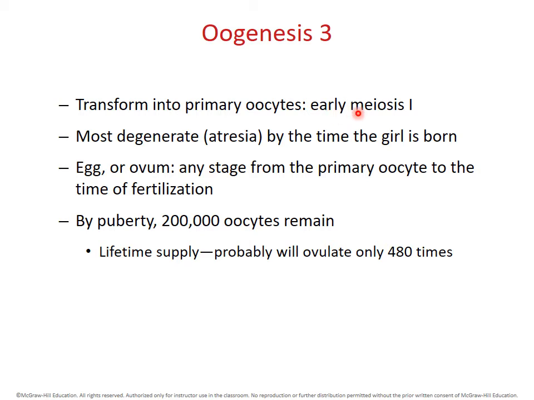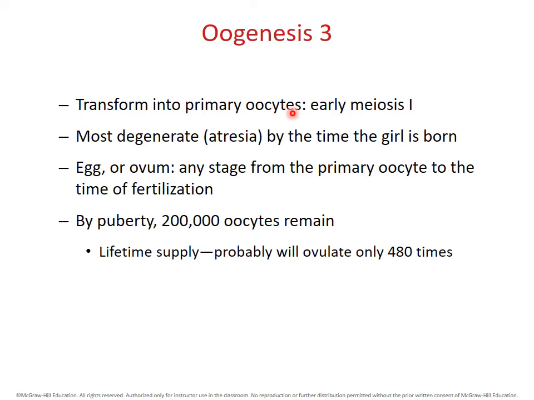Now, what happens to these cells? Well, first of all, once they've begun meiosis, they transform from what we call oogonia into what we call primary oocytes. So a primary oocyte is a cell that has begun the first meiotic division. In our list of terms, we have just the term oocytes, but you probably want to be more specific.